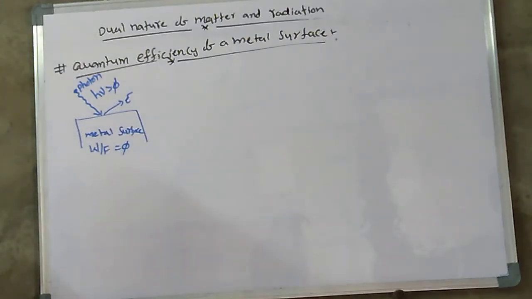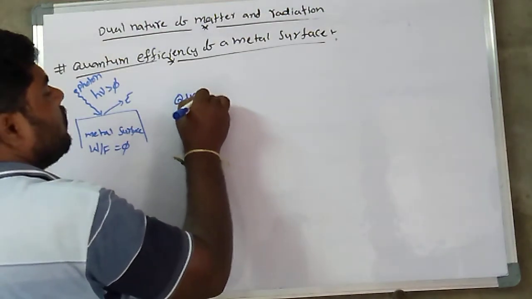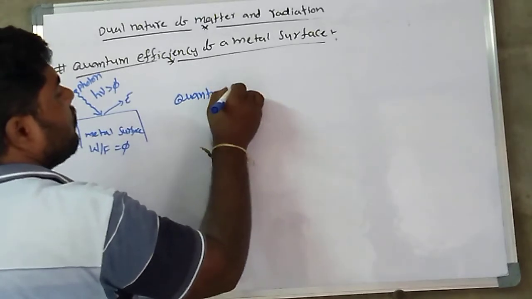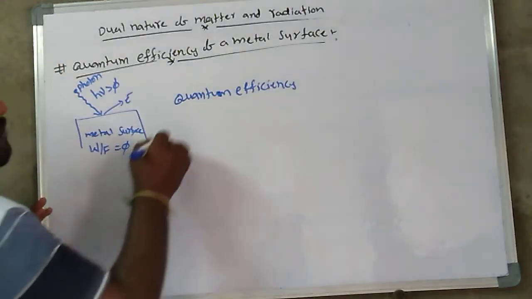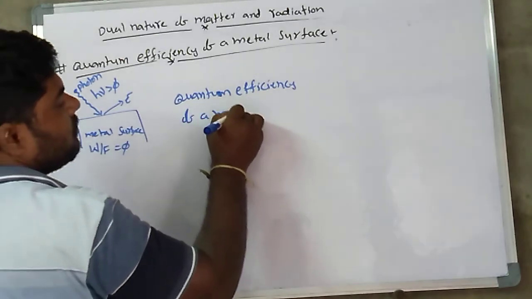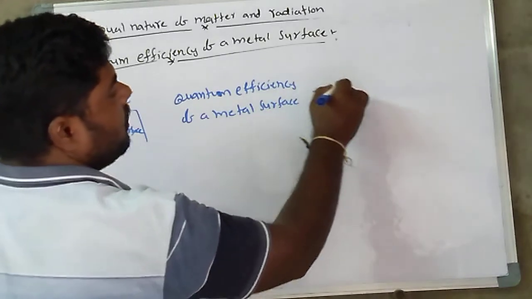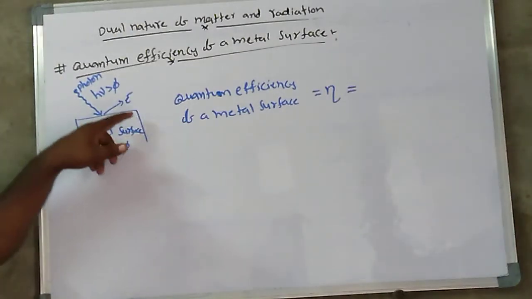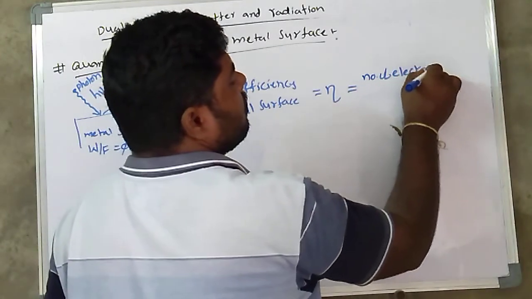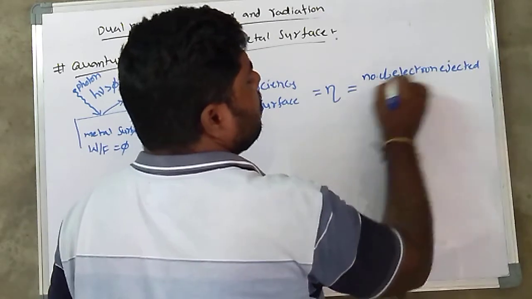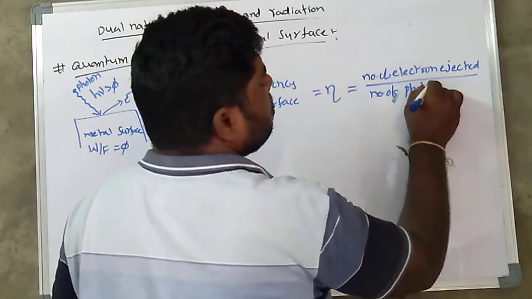Here is the formula directly. The quantum efficiency of a metal surface, denoted by the letter eta, is equal to the number of electrons ejected divided by the number of photons incident.